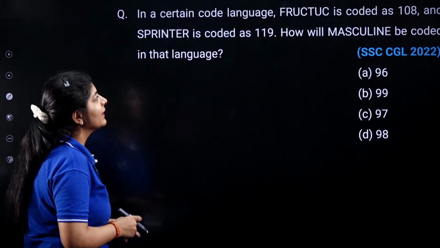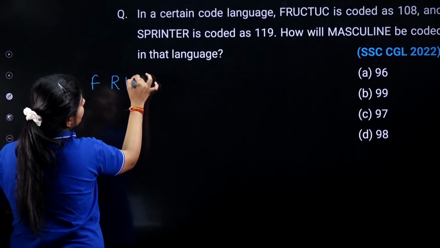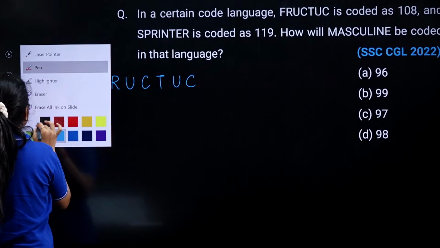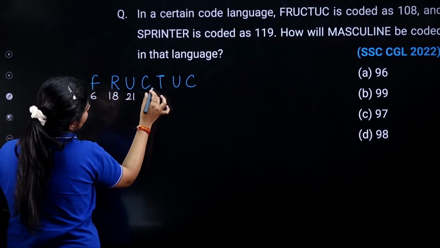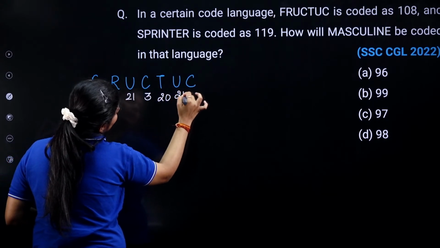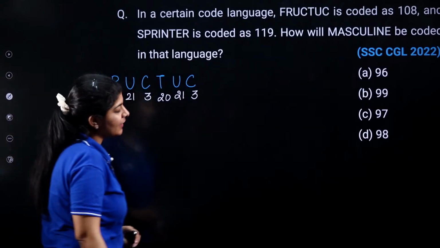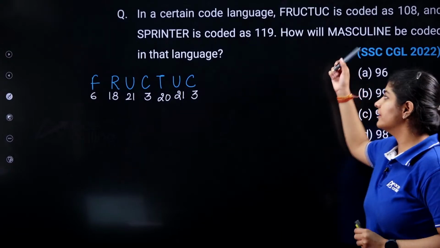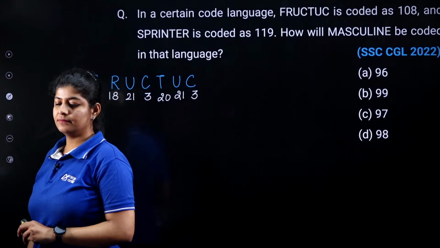Just for the clue, I am writing the associated numbers of the first word. F is associated with 6, R18, U21, C3, T20, U21, E5. With the help of this, just simply determine the pattern and apply the same pattern with this given word and you will get your answer.